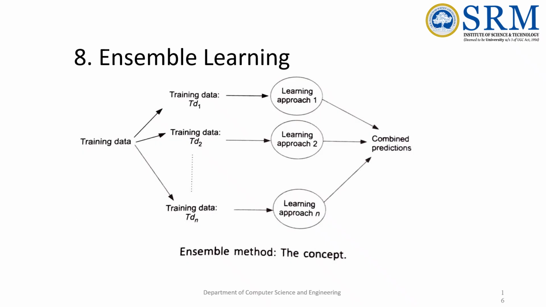Moving to the disadvantages: high computational cost, longer training time, complex implementation, reduced interpretability, and larger memory requirement for storing multiple models. Applications of ensemble learning: medical diagnosis, fraud detection, credit risk assessment, weather forecasting, image processing, and spam detection are good examples.